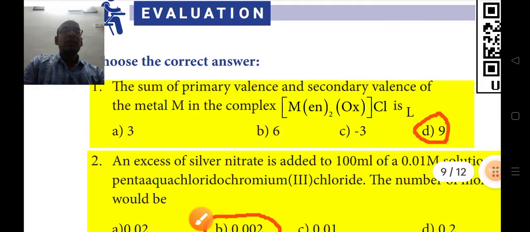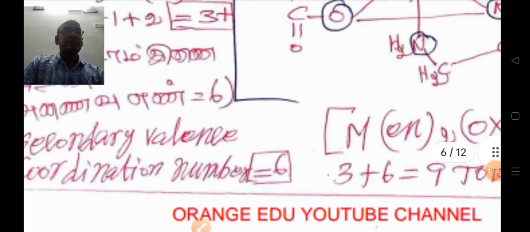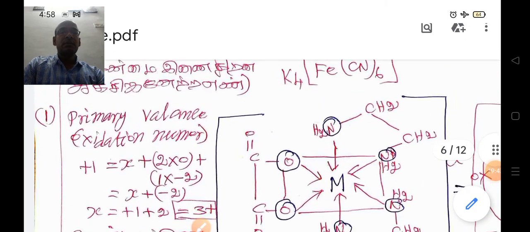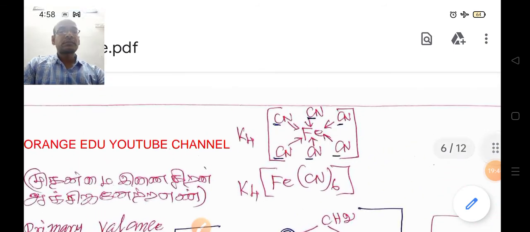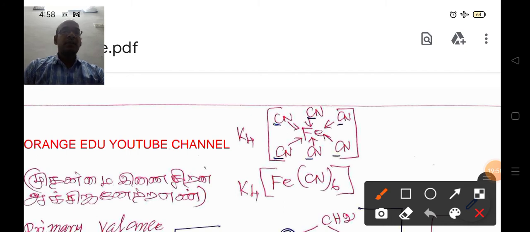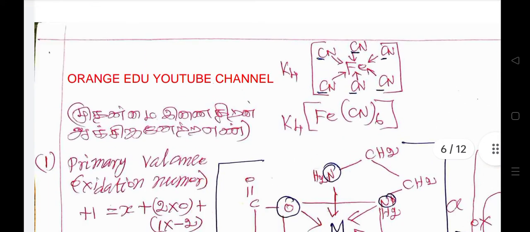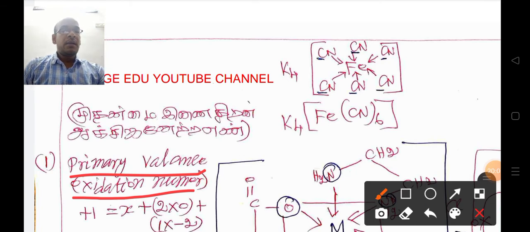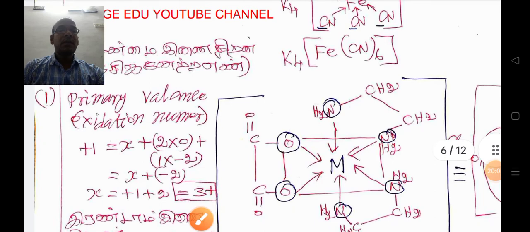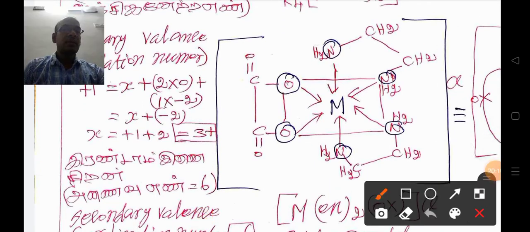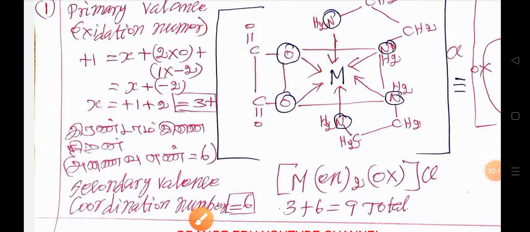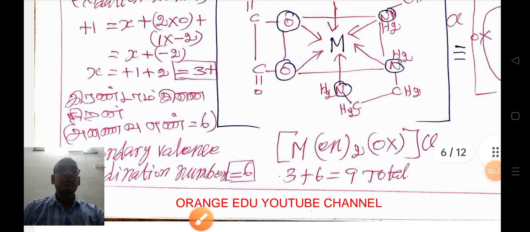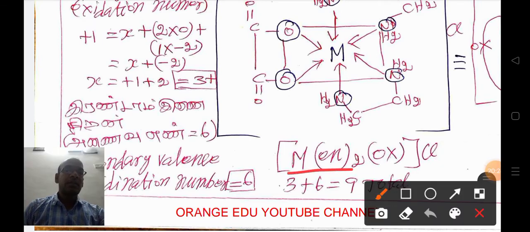To solve this problem, based on the structure of that complex, we already mentioned that primary valency is the oxidation number. Oxidation number of this complex.